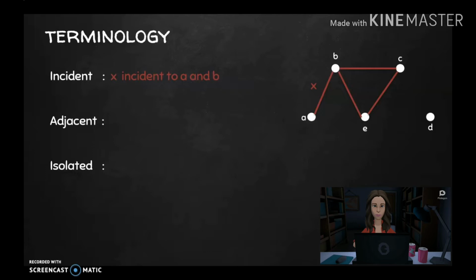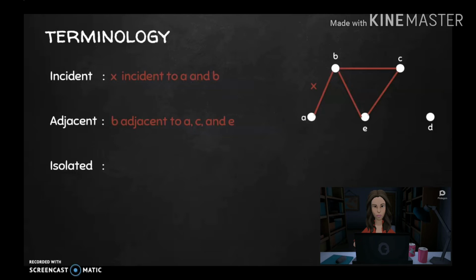Now we have another term here called adjacency. For example, B is adjacent to E, C, and A. So what do you think that means? Well, if we have an edge connecting it, a vertex is adjacent to another vertex if there is an edge connecting them.